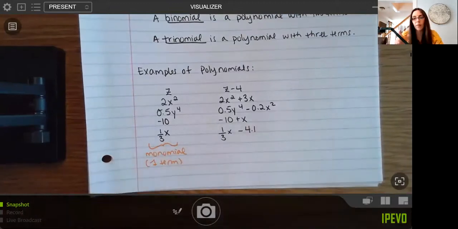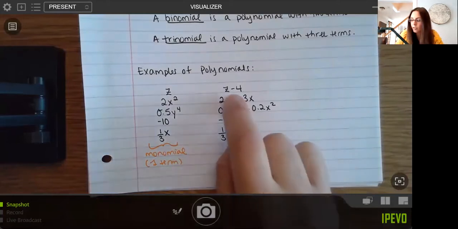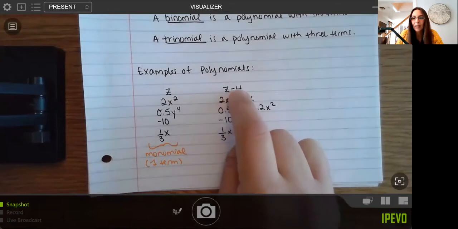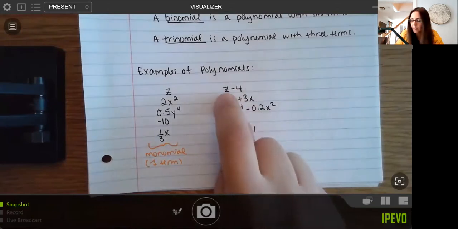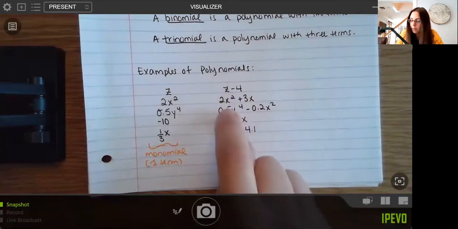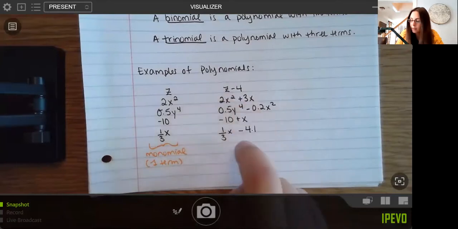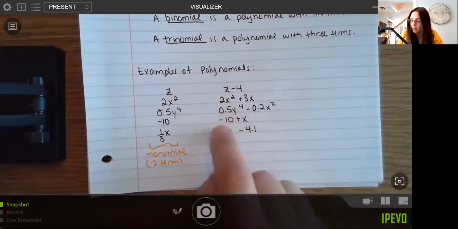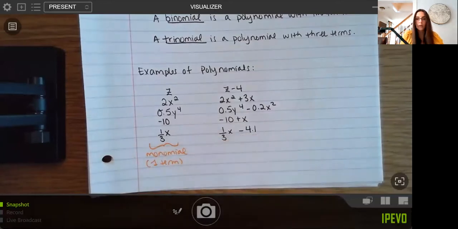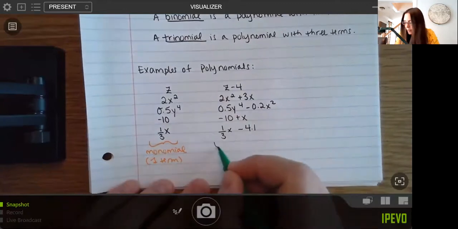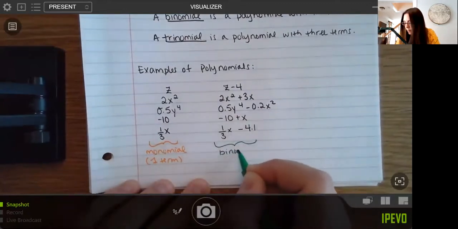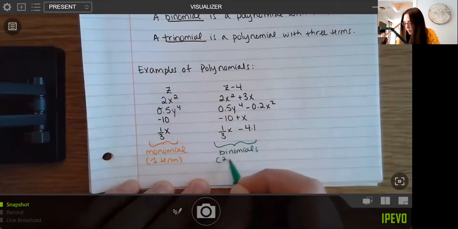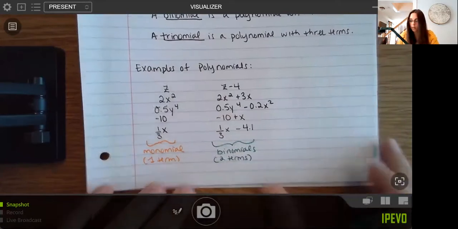So remember, terms are separated typically by addition, but you can also think of it as separated by minus signs as well, because you could always change those subtraction signs to adding a negative. So we have two terms here. One term is the z, the other term is the -4. Here we have 2x squared and positive 3x, 1/2 y to the 4th and -2/10 x squared, -10 and positive x, and 1/3 x and -4.1. So these are all polynomials, but they also happen to be examples of binomials, which means they have two terms.